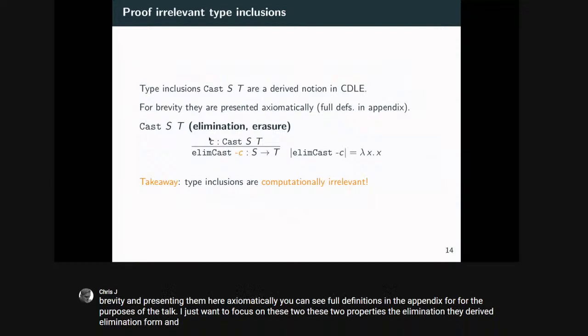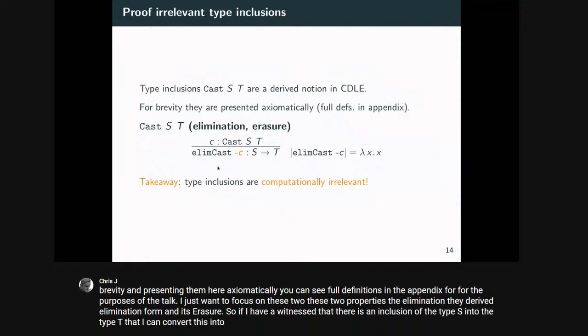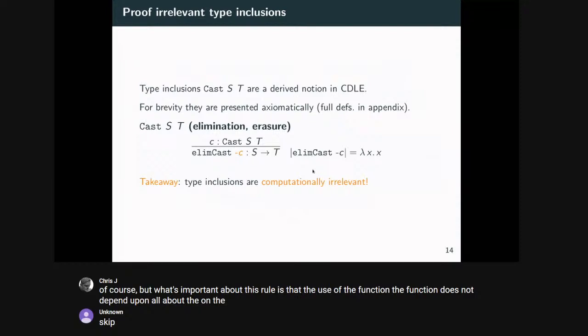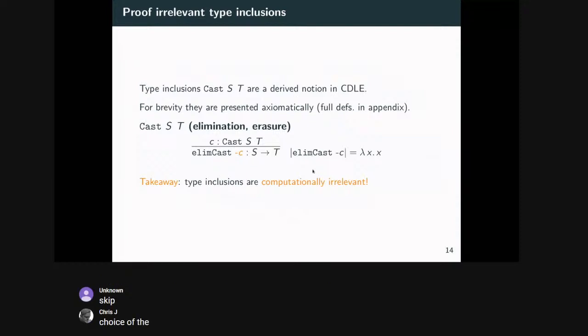If I have a witness that there is an inclusion of the type S into the type T, then I can convert this into a function from S to T, of course. But what's important about this rule is that the use of the function does not depend at all upon the particular choice of the witness. Indeed, the elimination form here erases to lambda x. x.